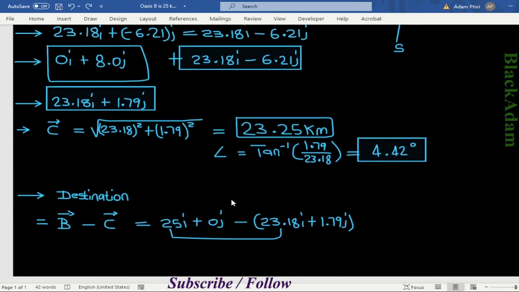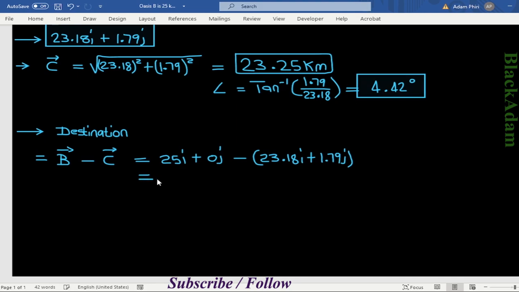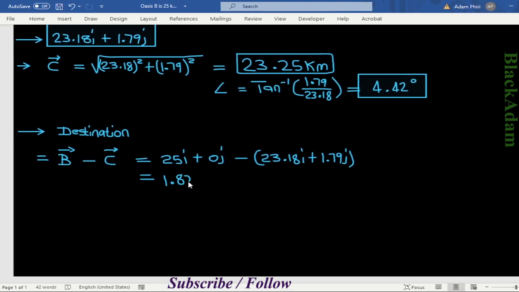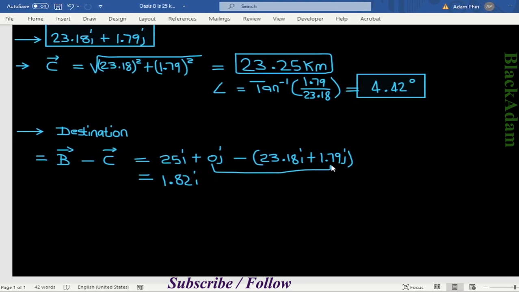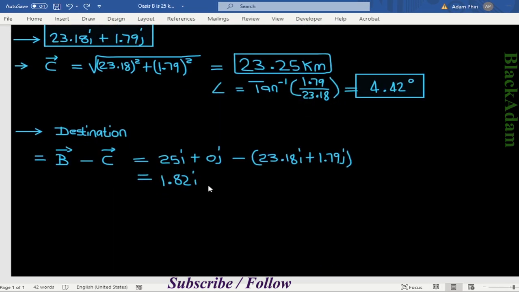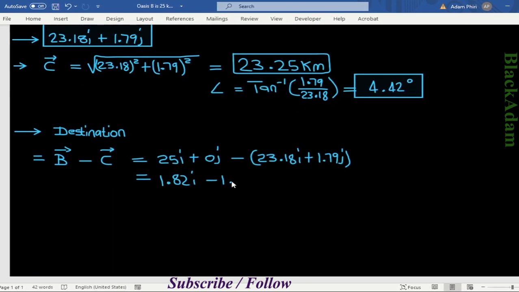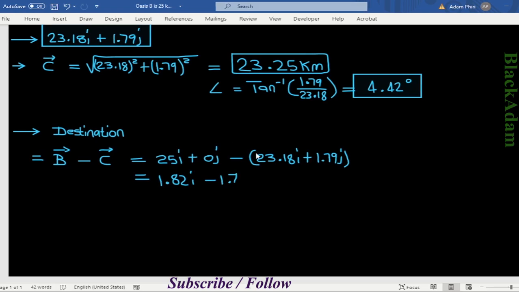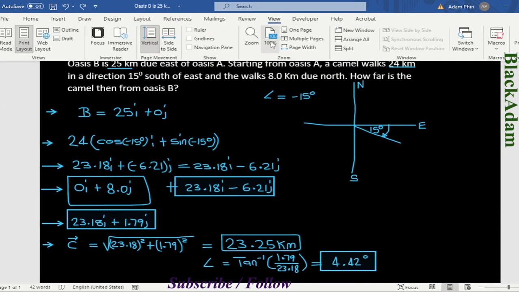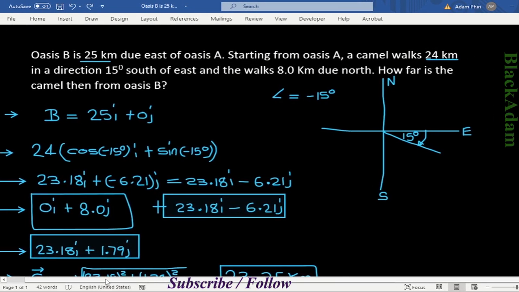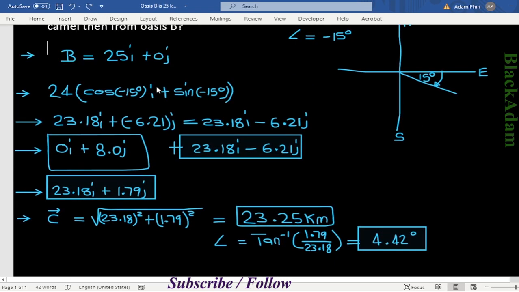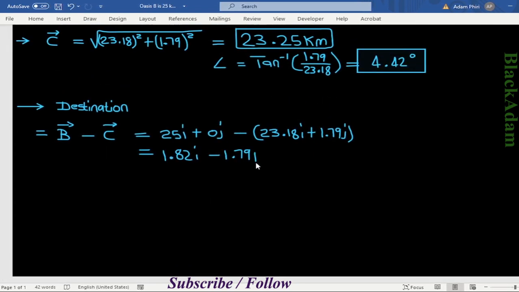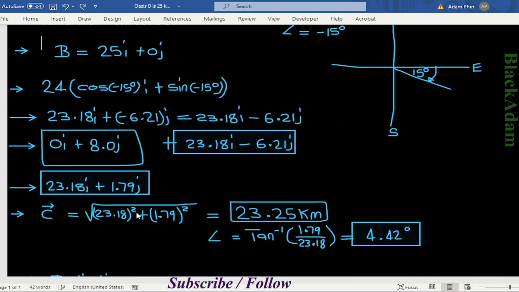So now 25 minus 23.18 gives us 1.82 i, and then 0 minus 1.79 gives us negative 1.79 j. And then from there we have that as our vector.